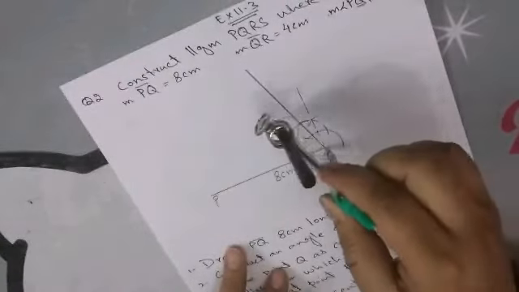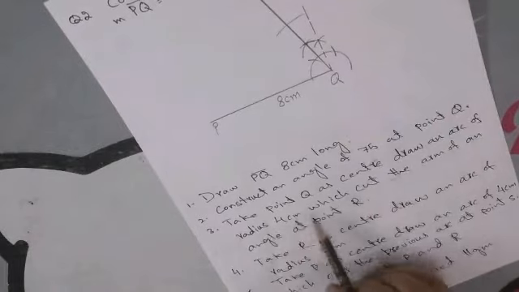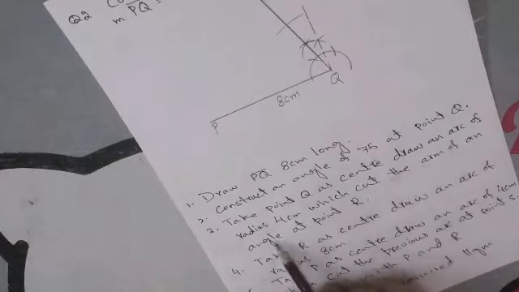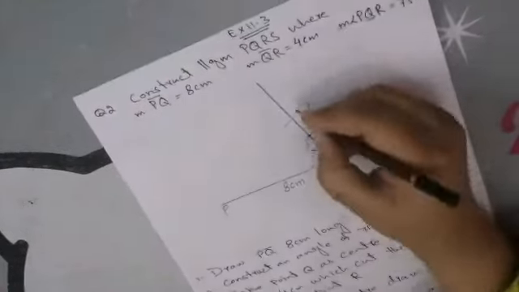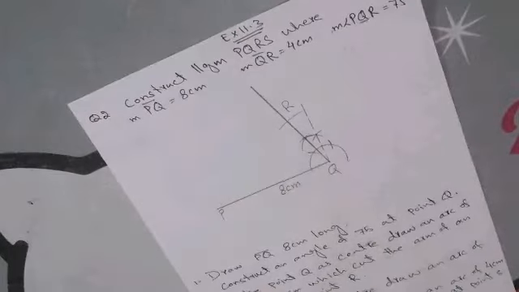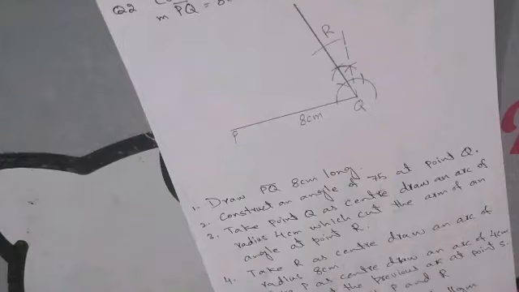Look. Then put it at point Q and draw arc of 4 centimeter, which cut the arm of an angle at point R. Clear?